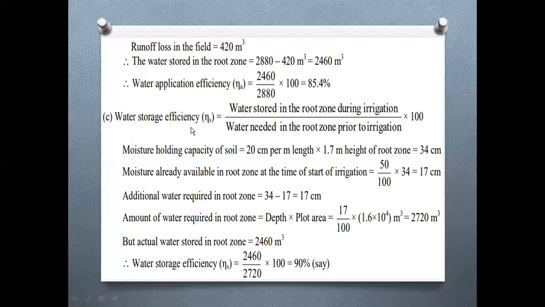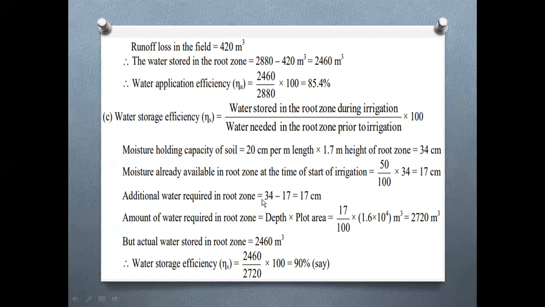The third one is water storage efficiency. Its formula is water stored in the root zone during irrigation upon water needed in the root zone prior to irrigation into 100. Now the moisture holding capacity of the soil is 20 centimeter per meter into 1.7 meter height of the root zone, which is equal to 34 centimeter. The moisture already available in the root zone at the time of start of irrigation is 50% of the moisture holding capacity of the soil, that is 17 centimeter.